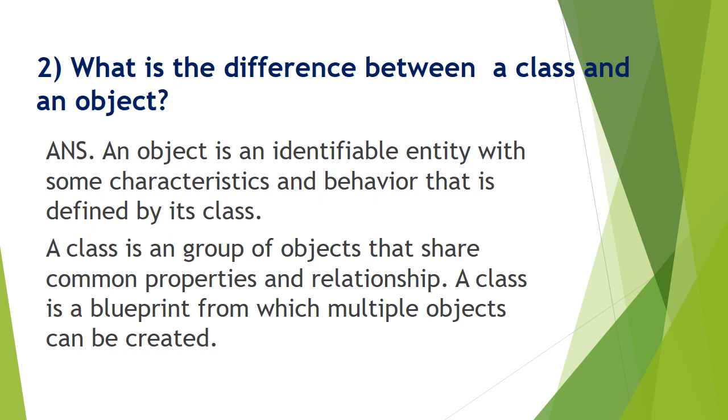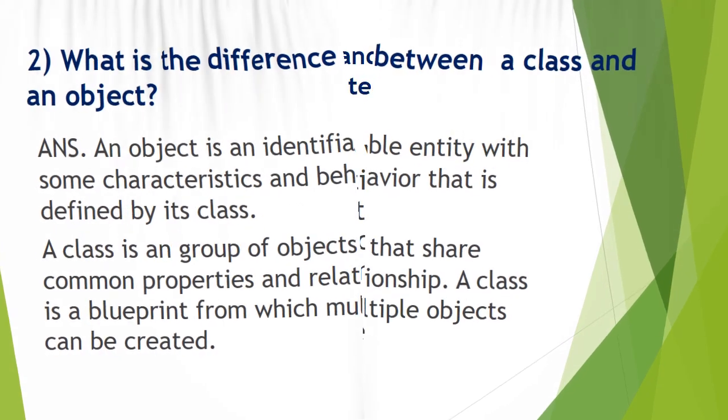So the behavior you show will be the behavior of your class. If you are naughty, it means your class is naughty. If you are obedient, it means class 9 is obedient. In this way, you can say that a class is a blueprint of multiple objects. Next question.